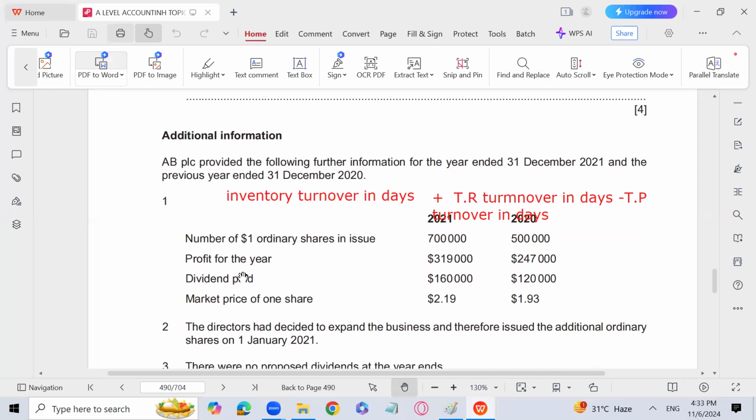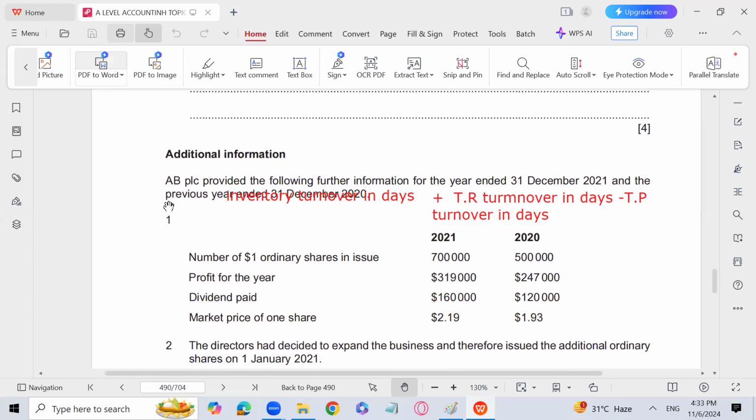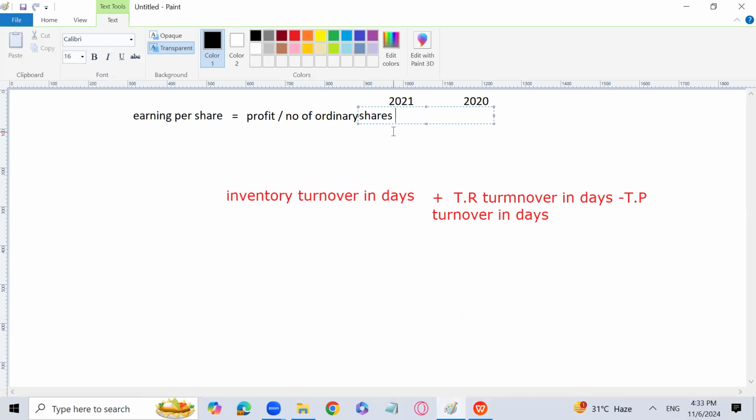So let's see. Profit for the year is given, 3,19,000. That's quite easy. And number of ordinary shares is 7 lakh, $1 each. So 3,19,000 profit divided by 7 lakh, you will get the earning per share for 2021.